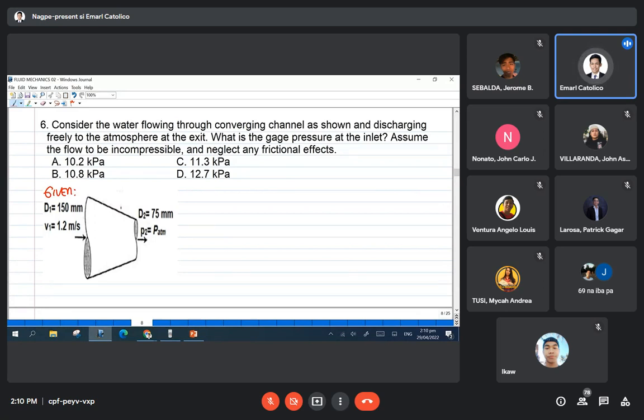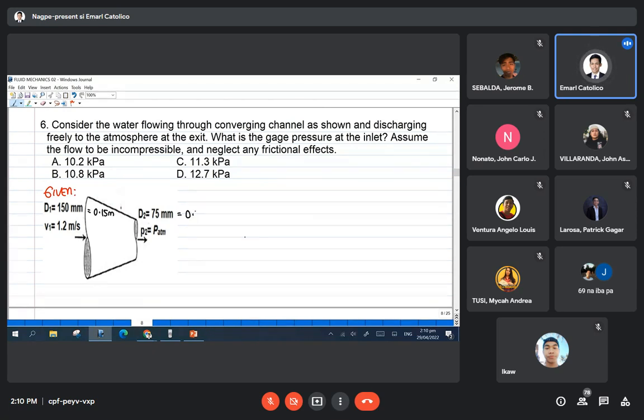So diameter at inlet is 150 millimeters. Convert natin ng meters. So 0.15 meters. Velocity 1 at inlet, 1.2 meters per second. Diameter at outlet or diameter at exit is 75 millimeters.